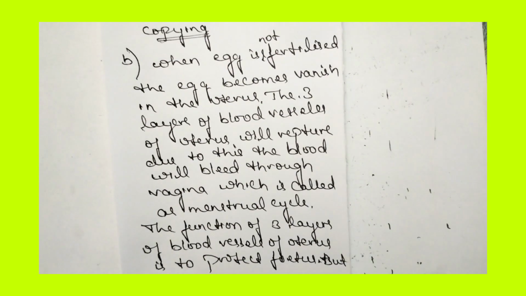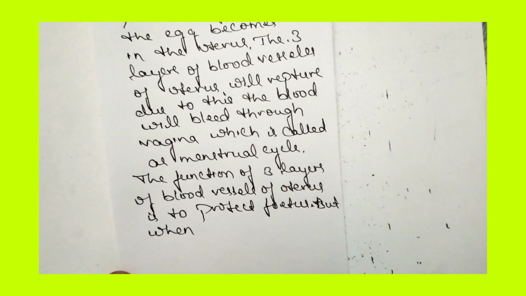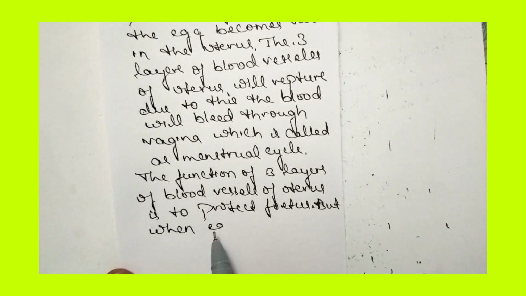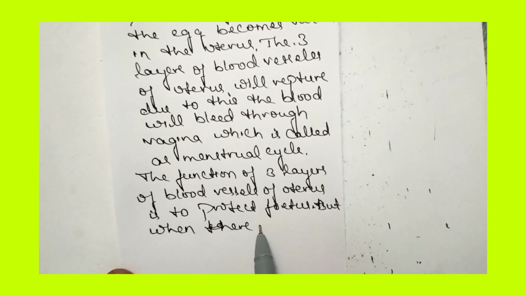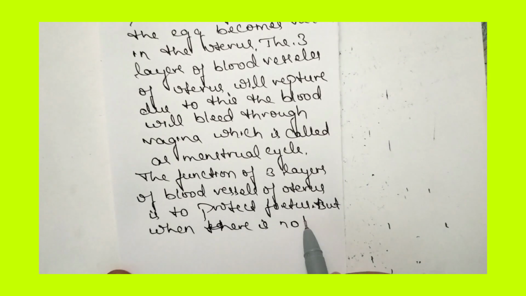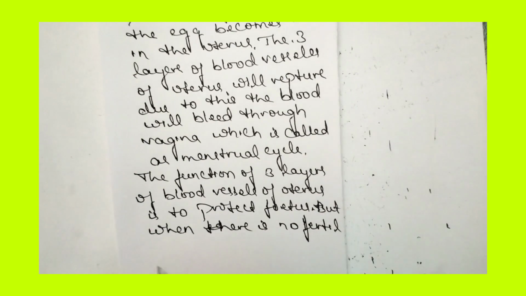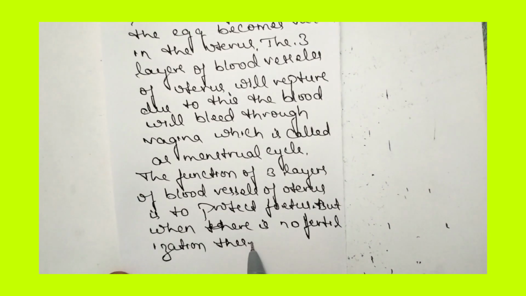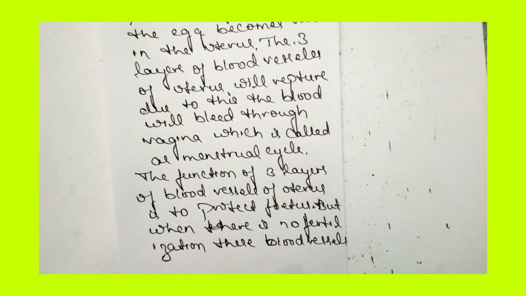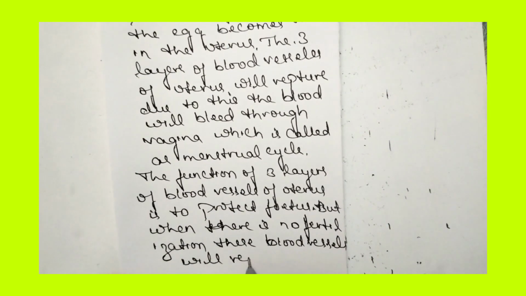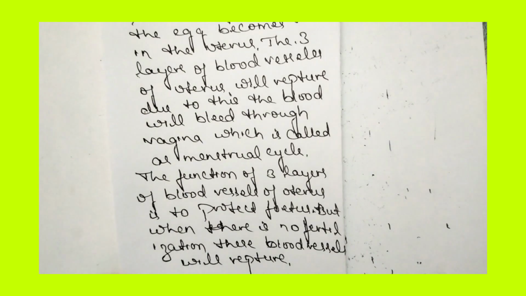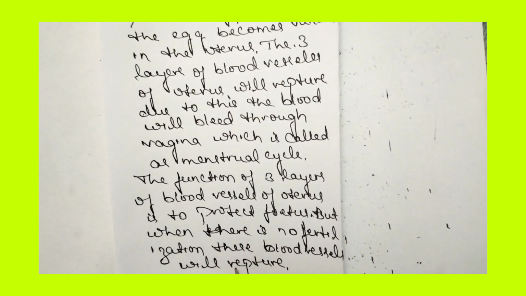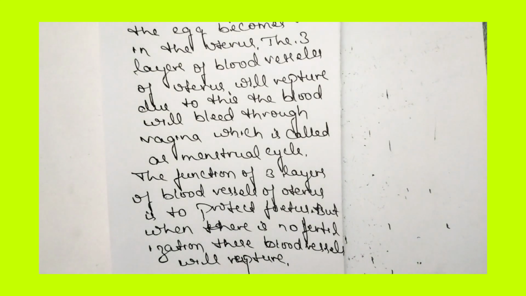But when there is no fertilization, these blood vessels will rupture and the blood will bleed through the vagina, and this is called the menstrual cycle, or we call it the monthly period. So like this we have to answer these questions.